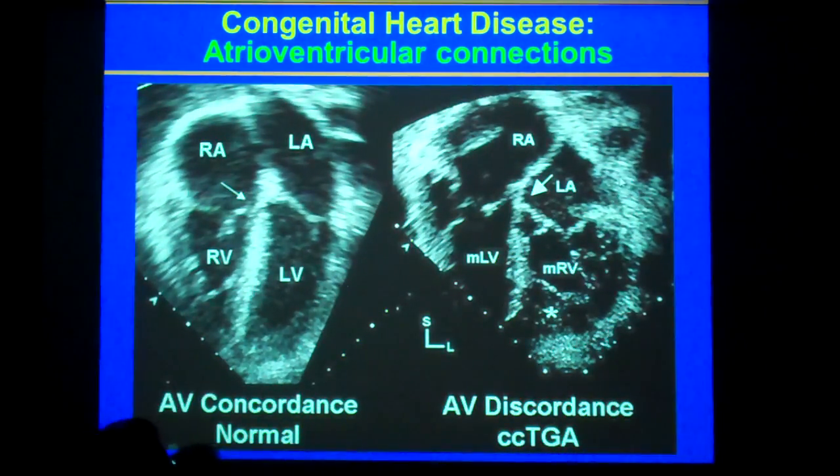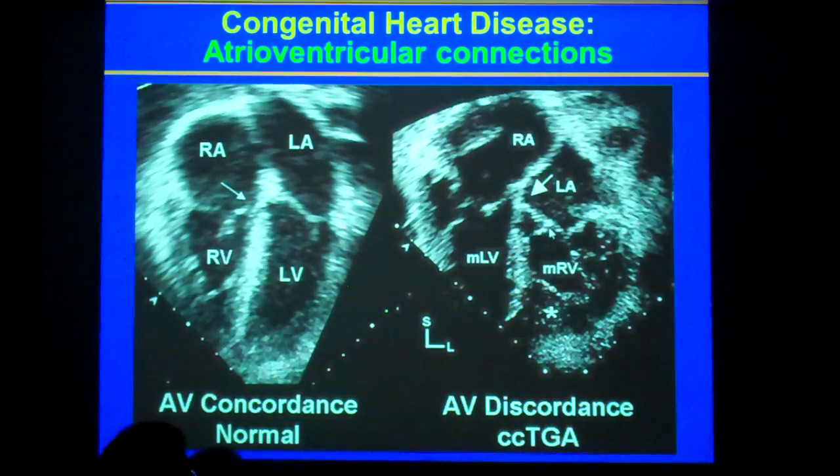How about in this example? So we saw the IVC on the right. So this is right atrium, this is left atrium. Look at these AV valves. Though this is connected here, this one is connected here. So is this mitral or tricuspid? Tricuspid.